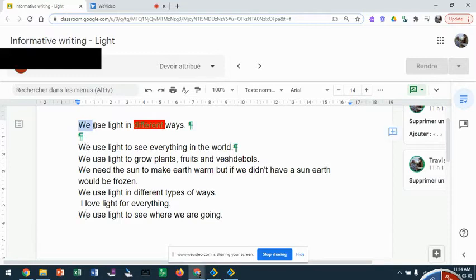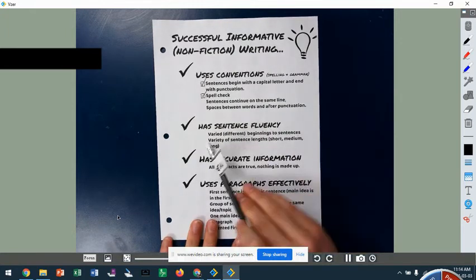We use, 1, 2, 3, 4, 5. We use light, 1, 2, 3, 4, 5. So there is some work to be done to vary up sentences so that Tanner can establish his sentence fluency in that regard.